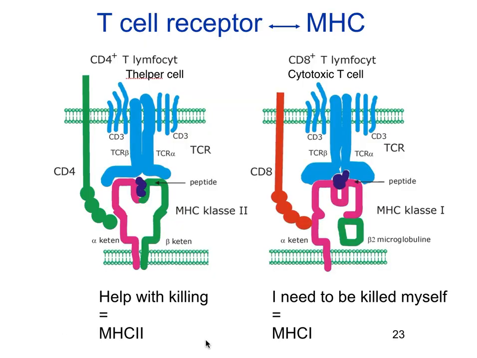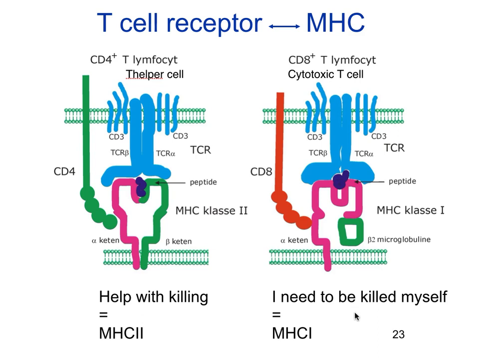And MHC class 1 and 2 direct these two types of T cells. So MHC class 1 can communicate with CD8 positive T cells. Since MHC class 1 is present on all types of cells in the body, all cells in the body can tell the CD8 positive T cells that they need to be killed, because CD8 positive T cells kill other cells.